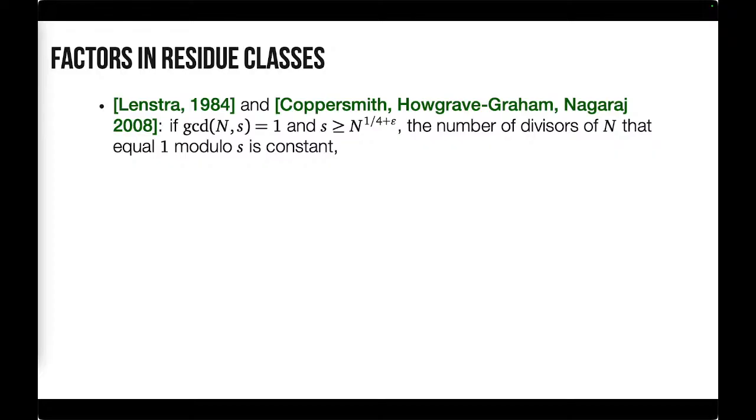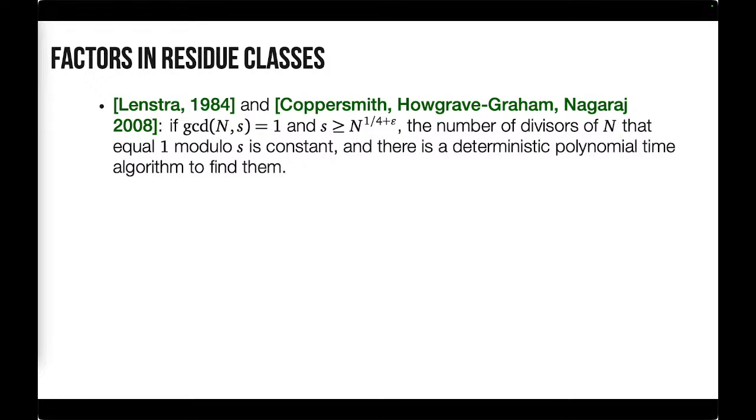So it's interesting in general. In our case, it's not so interesting, but what is interesting is that there's actually a polynomial time algorithm to find these prime factors. Maybe I should state it again. In general, a number N could have many divisors, but somehow they cannot all concentrate on the same residue class modulo S if S is large enough. Only a constant number of them can fall in.